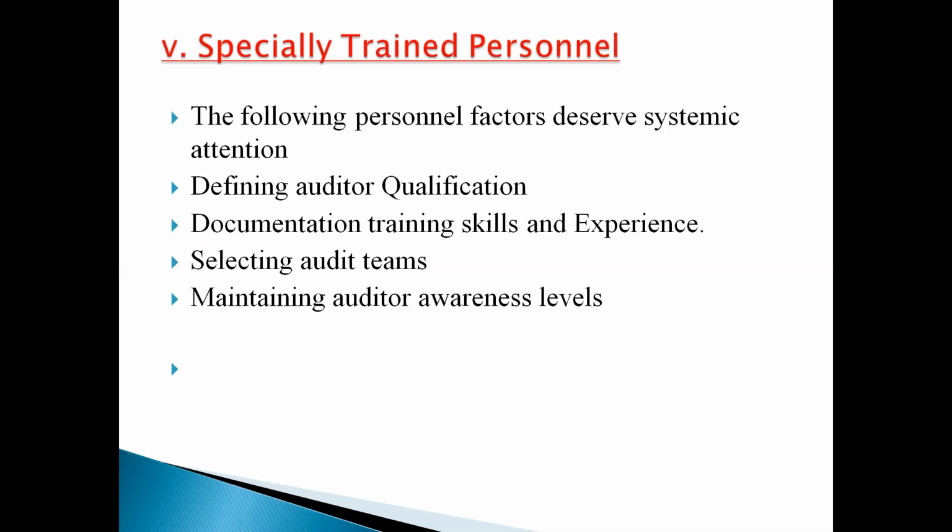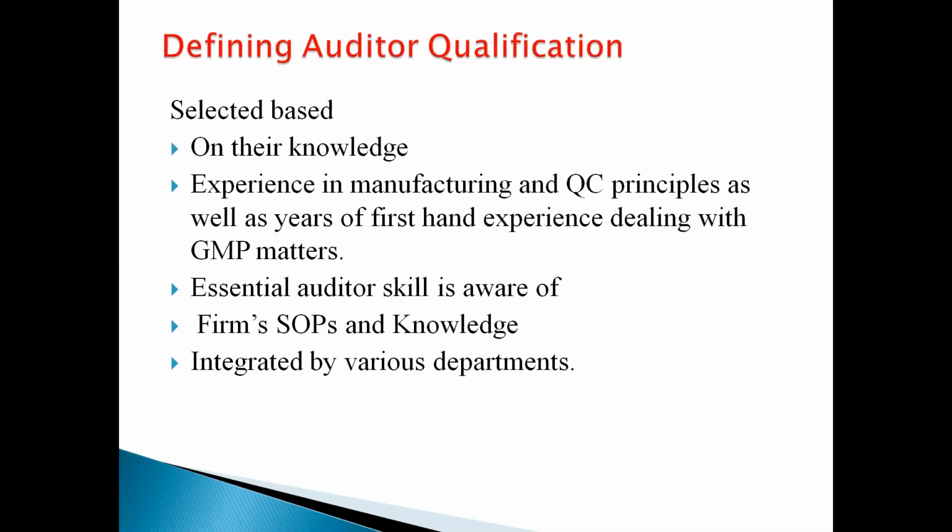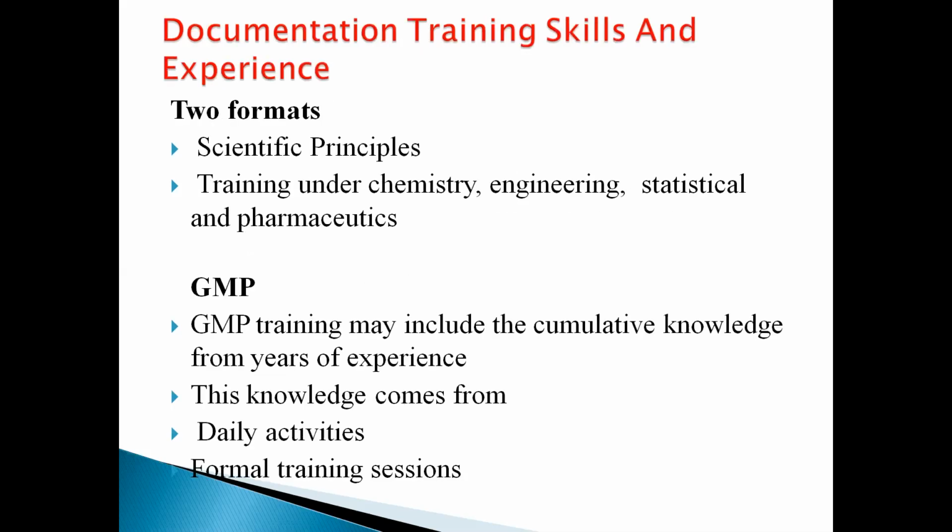So we'll look into each one. Defining auditor qualification: auditors are selected on the basis of their knowledge and experience in manufacturing and QC principles, as well as years of first-hand experience dealing with GMP matters. An essential auditor skill is awareness of the firm's SOPs and knowledge integrated by various departments. Then documentation, training, skills, and experience.